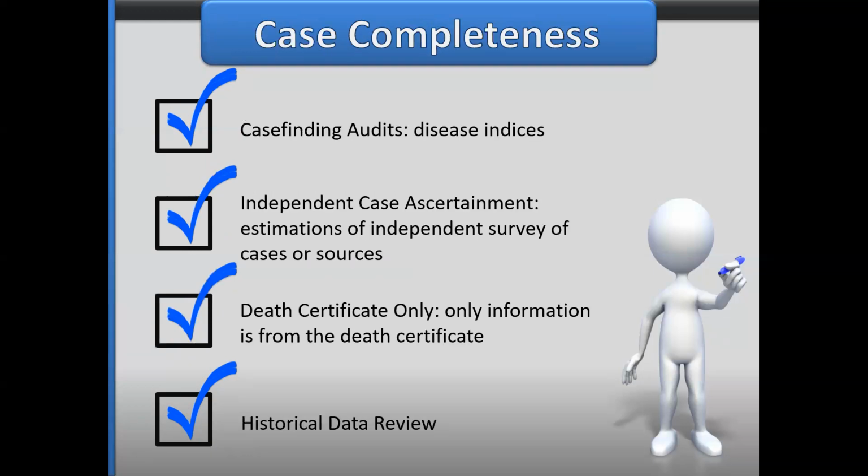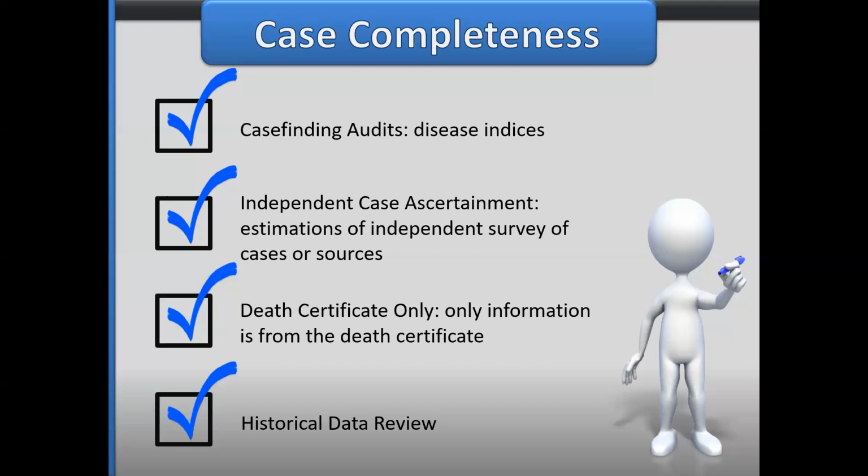The second aspect is case completeness, which ensures that all incidences of reportable cases are collected by the hospital and central registries. Case incidence completeness can be evaluated through case finding audits, independent case ascertainment, death certificate only, and historical data review.